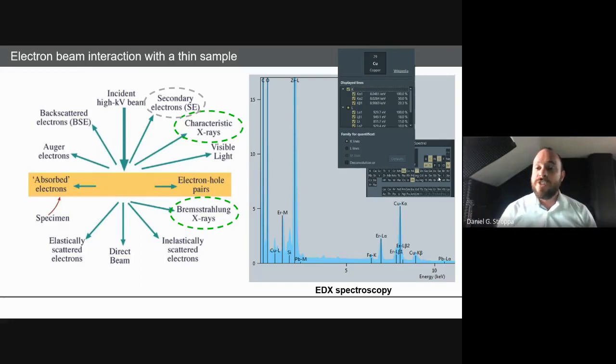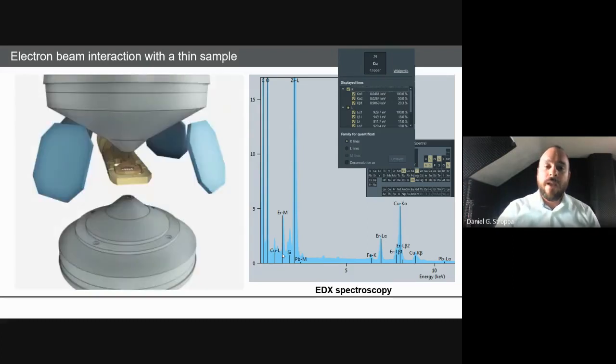And here is a depiction of the sample holder with a sample inside. We typically use 3mm grids, and the space that the sample is located in between the pole pieces of the objective lens is about 5mm. So it's a narrow space, and we managed to put many detectors around to capture as much as we can of the X-ray signal to build those spectra, and also to allow for mapping.